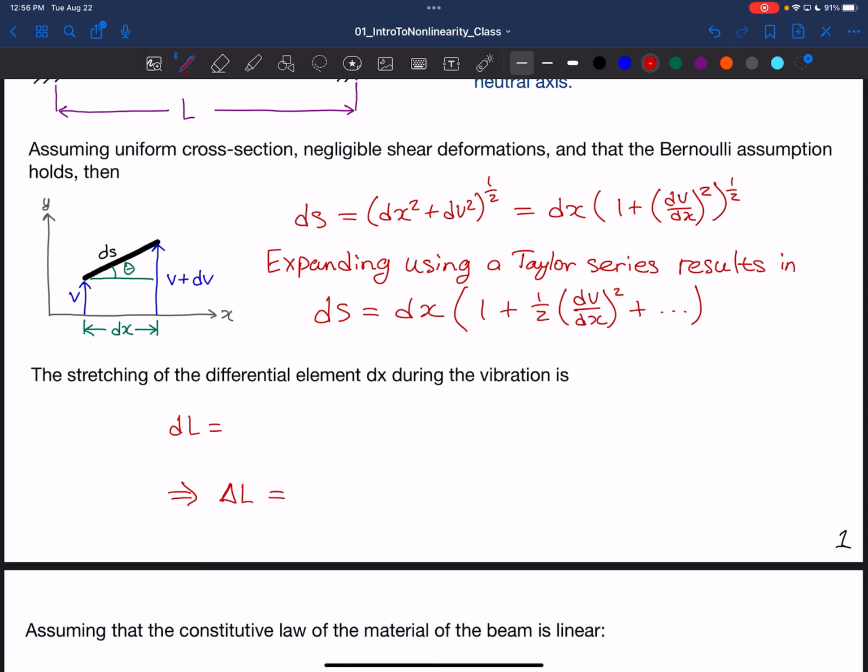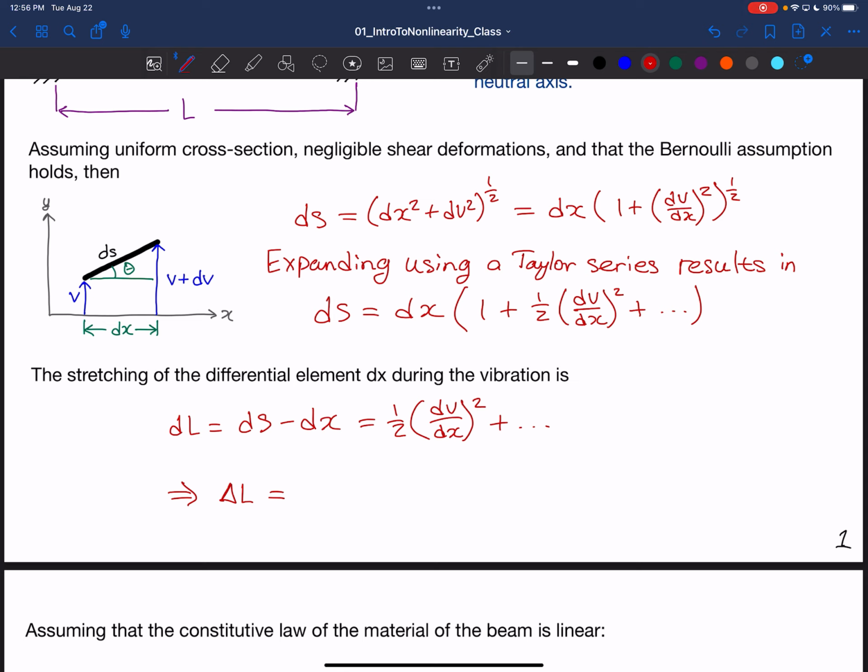From there we can define the stretching of that differential element during vibration: dl is equal to ds minus dx, and that's equal to 1/2 (dv/dx) squared, plus all of those other higher order terms.